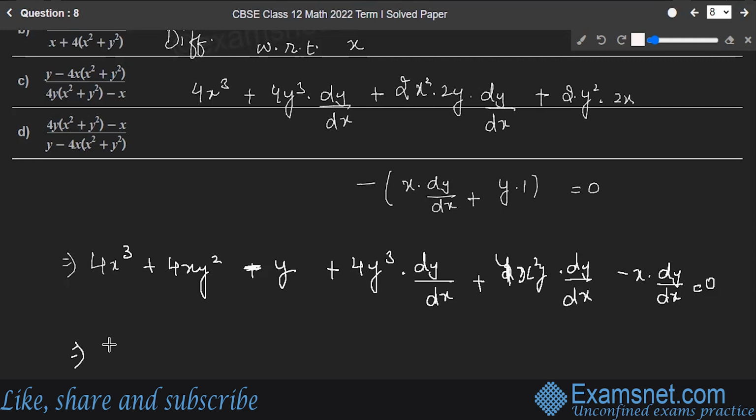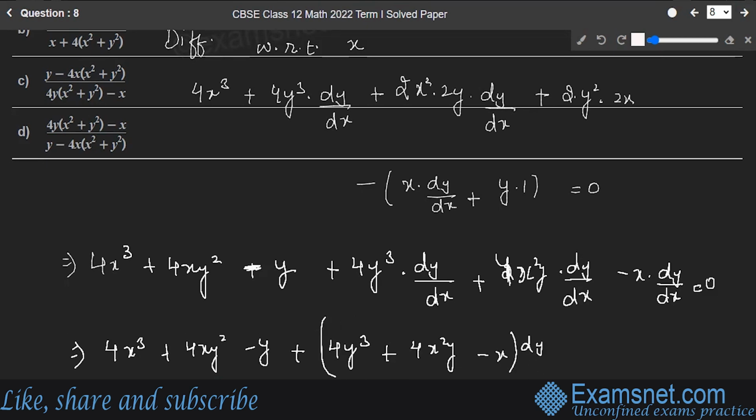This becomes 4x cube, 4xy square minus y. I'm taking dy by dx common now. So this will be plus 4y cube plus 4x square y minus x dy by dx is equal to 0.